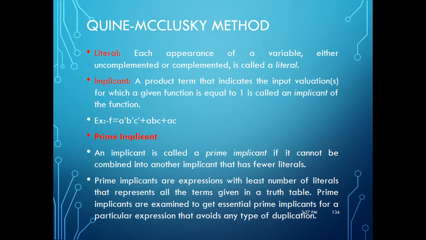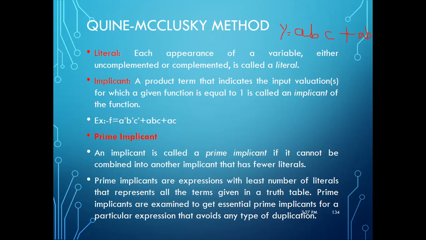In the Quine-McCluskey method also you have literals, prime implicants, and essential prime implicants. You already know what a literal is. For example, variables are A, B, C. Think that you have an expression y is equal to ABC plus AB.